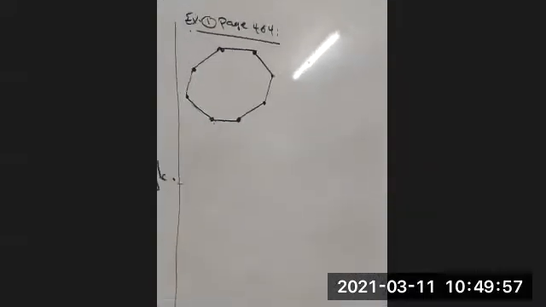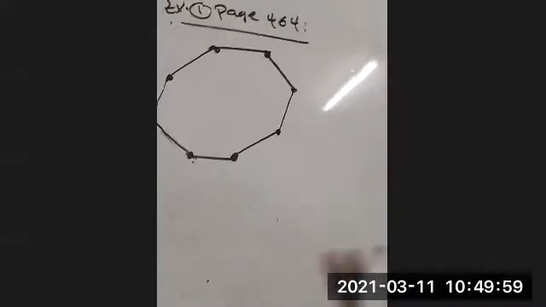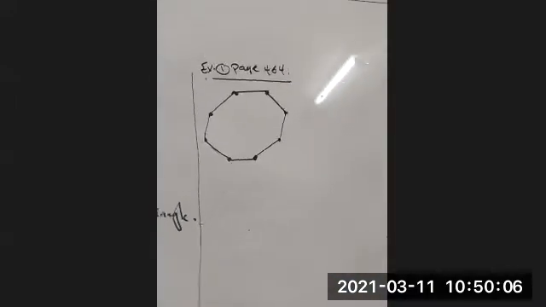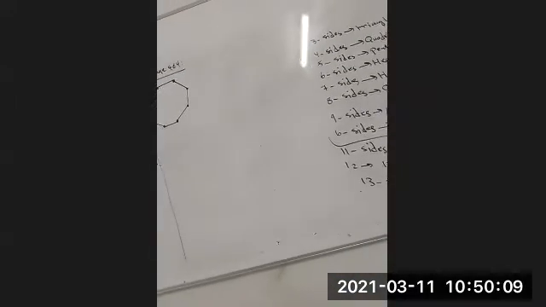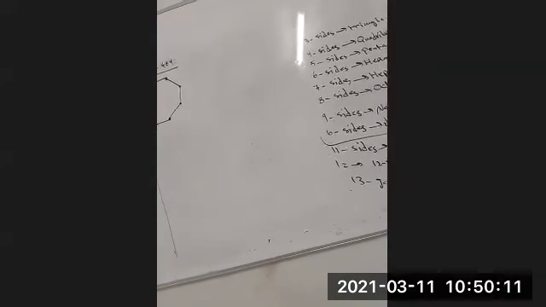Octagon. Okay. Regular octagon means all of the sides have the same length, which is how much? Read the question. Each side of the sign is 15 inches long.